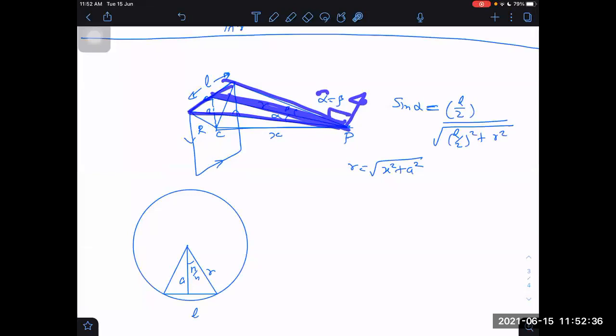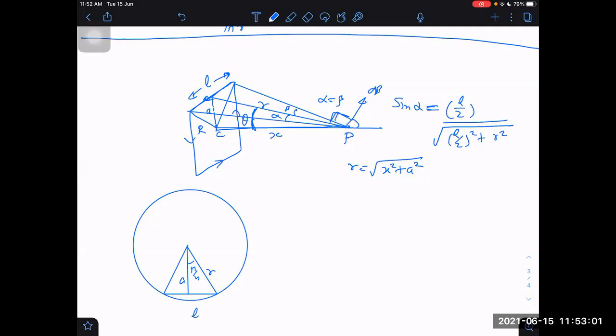So if this is the value of dB, what will be its component along this axis? For that, I need to know what angle this R vector makes with our x-axis. Let us say R makes an angle theta with the x-axis. And dB is 90 degrees to R, so dB will make 90 minus theta with the x-axis.